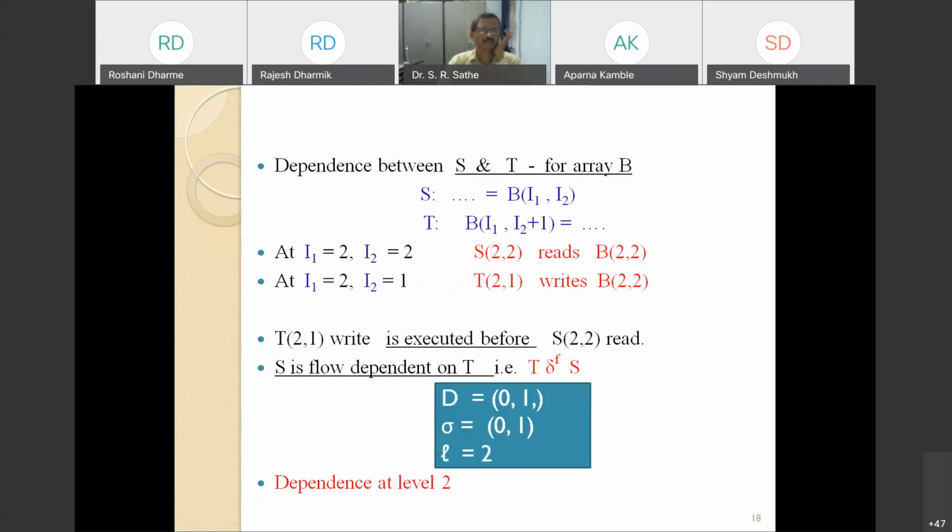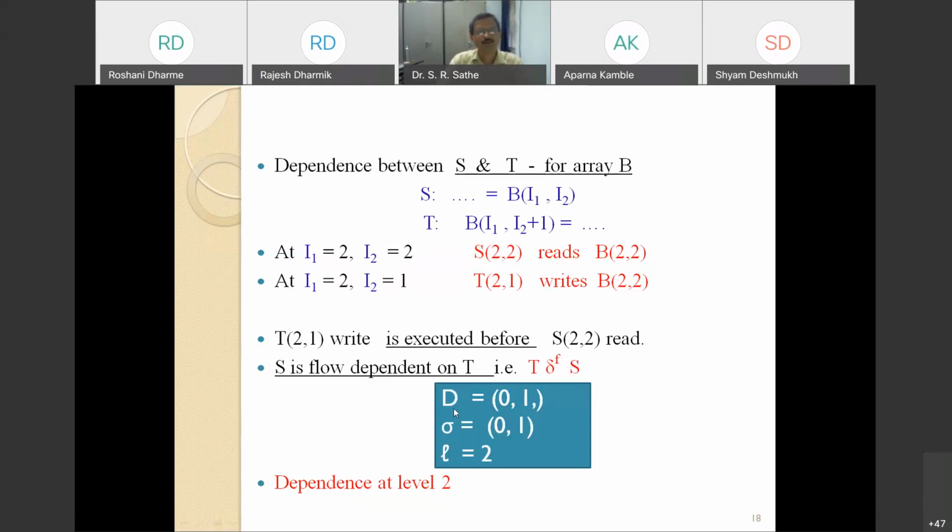So in this case, the T21 write is executed before the read. So S is flow dependent on T. T first writes and S reads. S is flow dependent on T, and the dependence vector is 2 minus 2, 0, and 2 minus 1, 1.